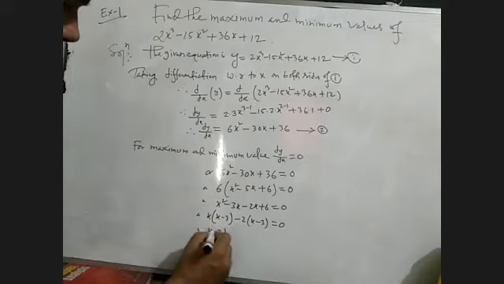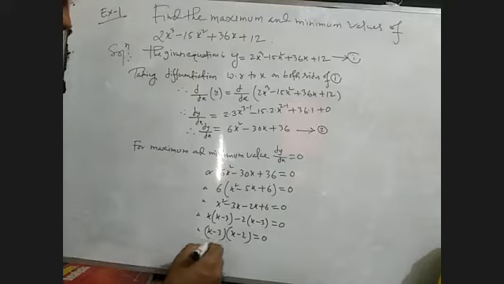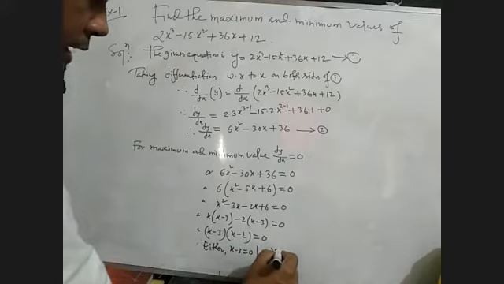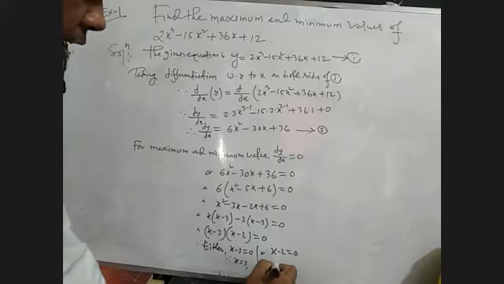Therefore x minus 3 into x minus 2 equals 0. Either x minus 3 equals 0 or x minus 2 equals 0. Therefore x equals 3 or x equals 2.